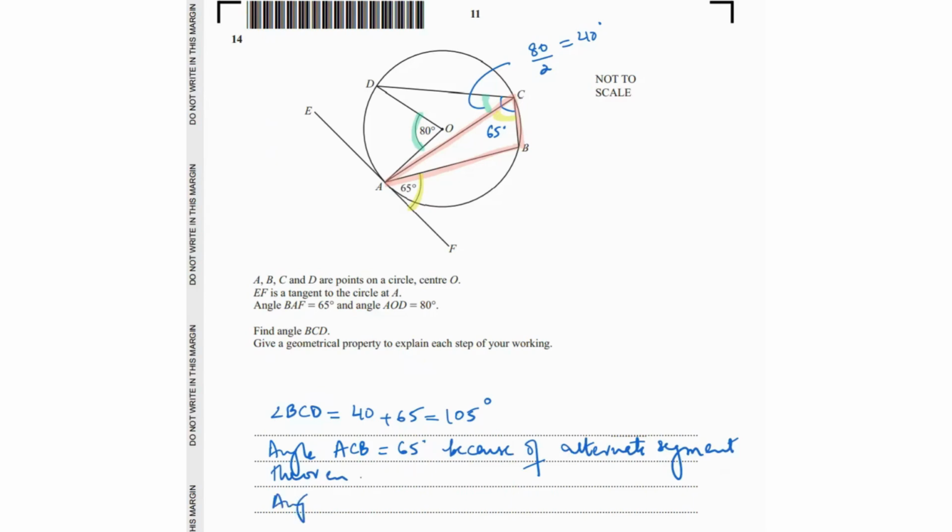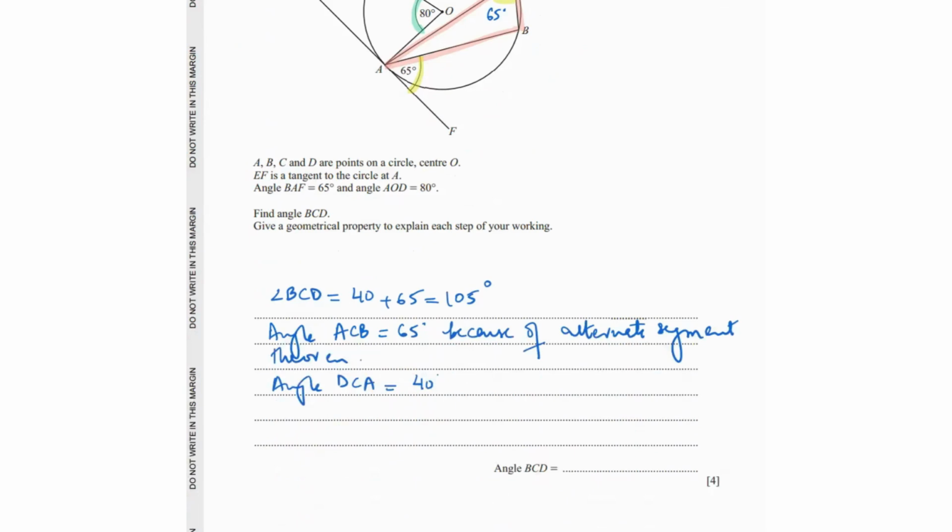And then angle DCA equals 40 degrees because angle at the center is twice the angle at the circumference. These are your reasons for the given angles.